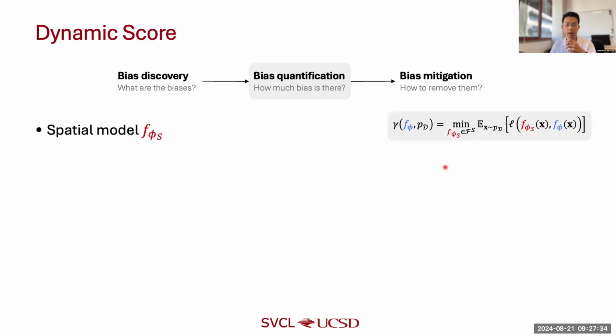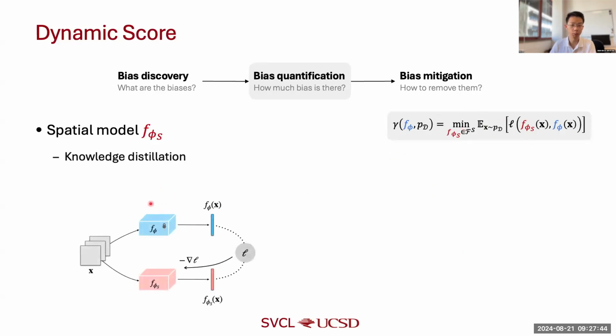So how do we obtain this spatial model phi_S? The formulation here implies a knowledge distillation process from the video model, which is the teacher, to the image classifier, which is a student. However, this procedure requires training a new model every time you want to evaluate the bias of a video model, which is computationally expensive.